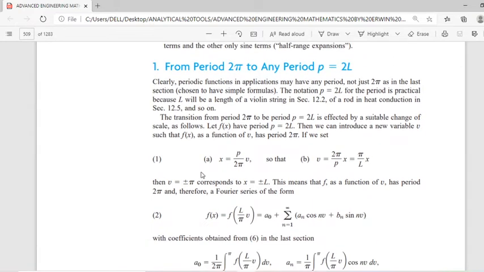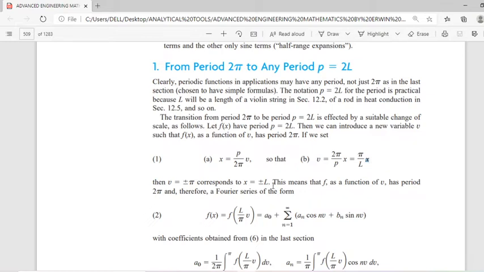Then v equals plus or minus pi whenever x equals plus or minus l. If we put x equal to l, then v equals pi. If we put minus l, we get v equal to minus pi. So the variable v will have the period 2 pi. We have transformed the variable x into v; remember that x has period 2l, while v has period 2 pi.